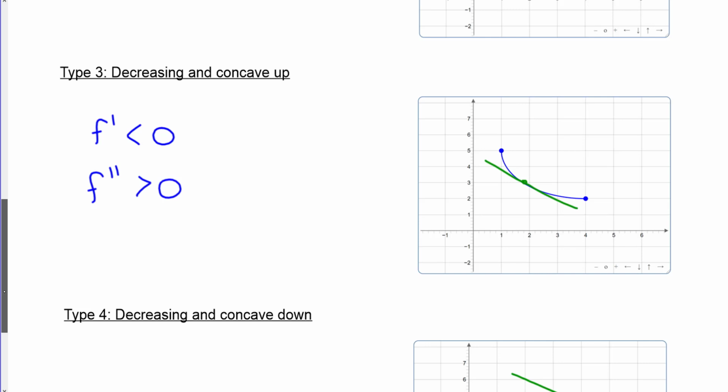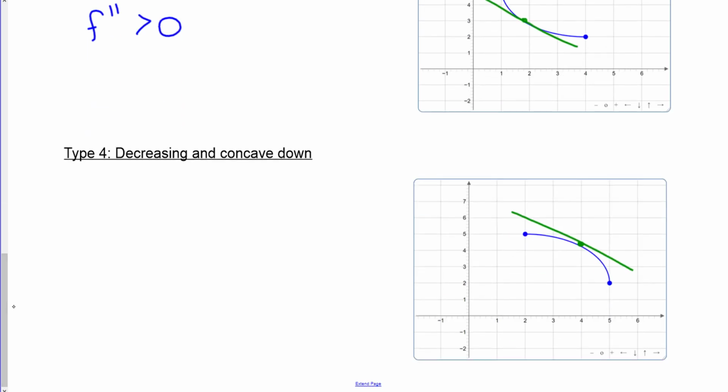This curve is steeper as you decrease. And then lastly, decreasing, which means your first derivative is less than 0, and concave down, which means your second derivative is less than 0. Then you're decreasing at a decreasing rate.